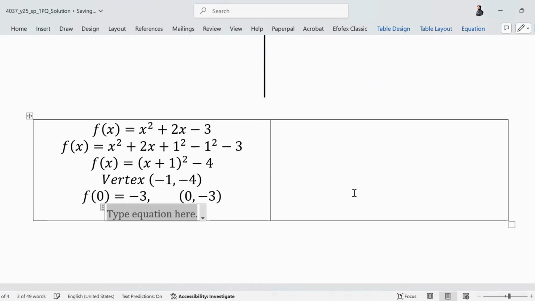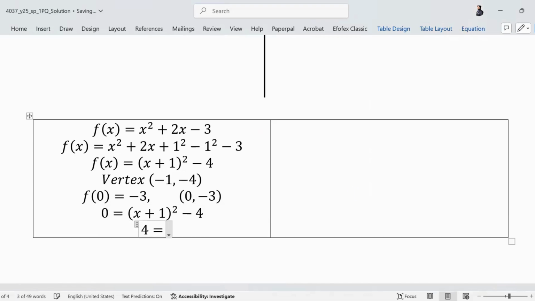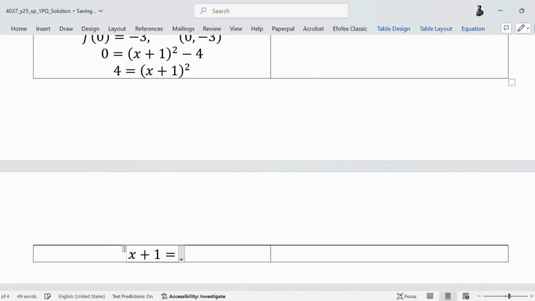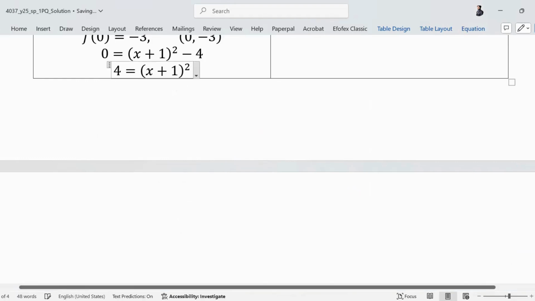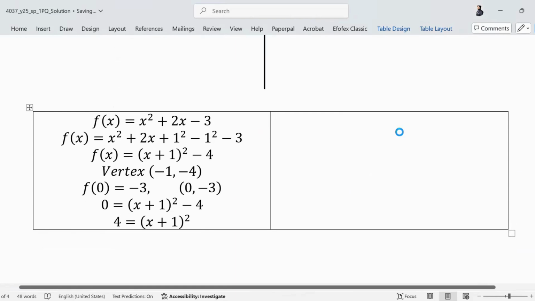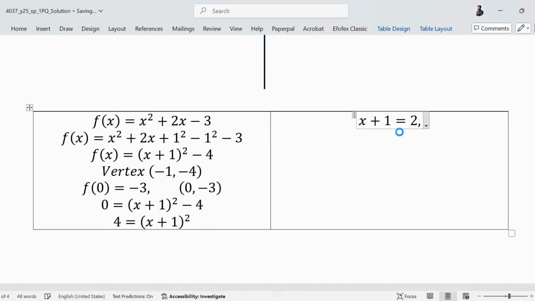This is the y-intercept, and for the x-intercept, y is 0. (x + 1)² − 4 = 0, so 4 is (x + 1)². I'll just write it over here rather than taking another page. x + 1 is 2, or x + 1 is −2. x is 1 or x is −3.